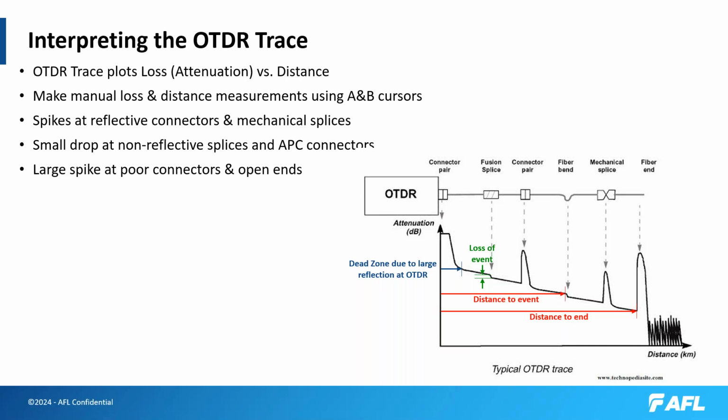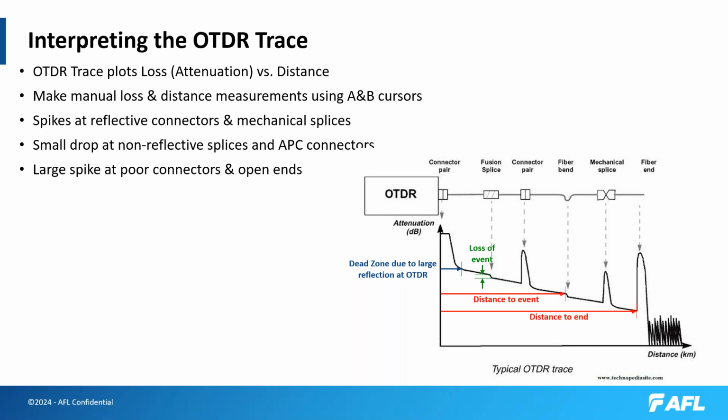The time it takes to recover from the spike at a mated connection is the dead zone. And if you have a poor connection, you'll end up with a longer dead zone, a long recovery tail from what's probably a saturated reflection.